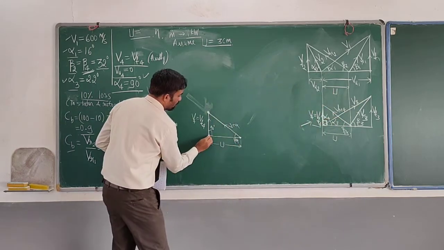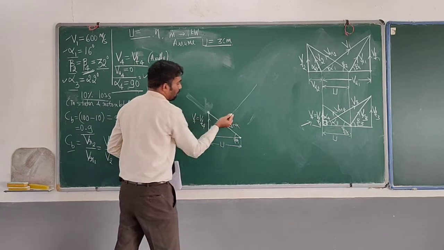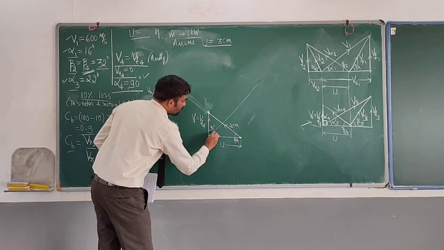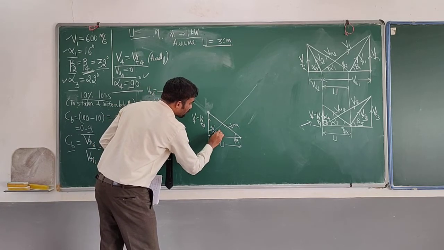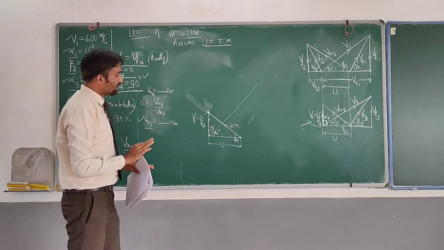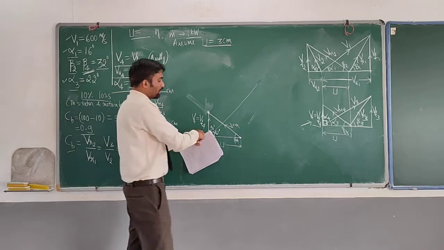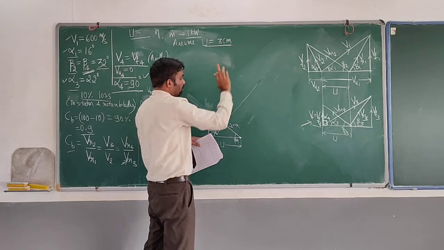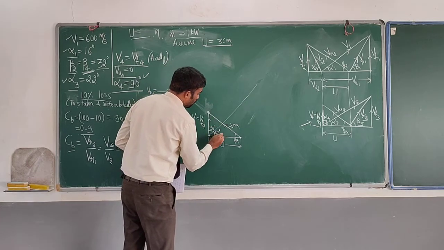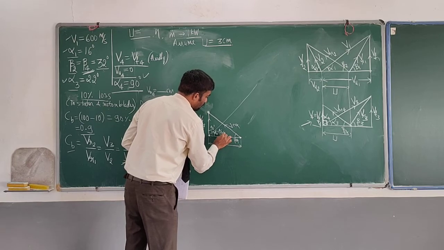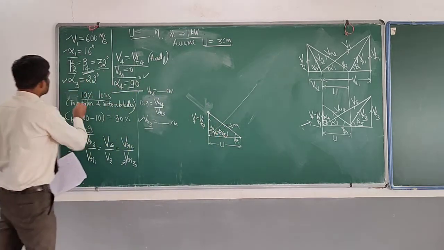The exact length I don't know, but I randomly draw a line using the protractor which is representing angle 22 degree. That is our alpha 3.